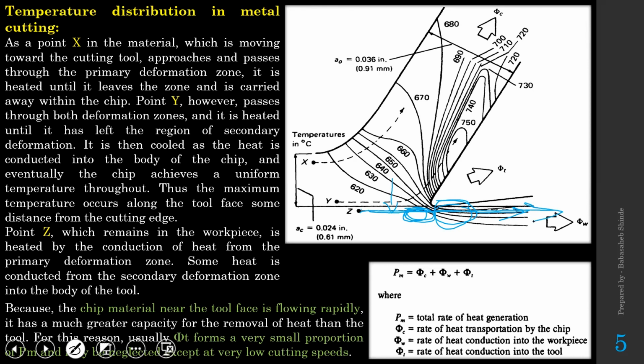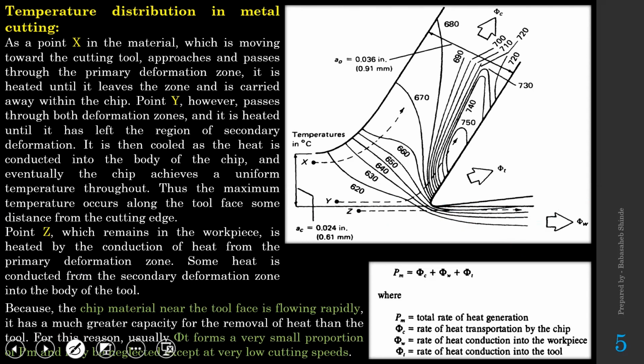But remember, this point Z is almost at the surface of the workpiece. So only the surface of the finished workpiece will be exposed to this much temperature, and as you go down into the workpiece, the temperature remains almost unchanged. Okay. So this will be the nature of temperature distribution in metal cutting.